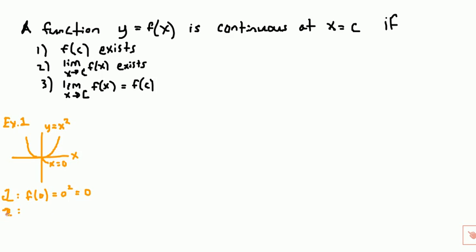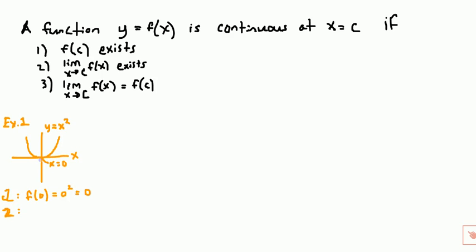The second check, the limit as x approaches 0 of x squared exists. Let's take a look at the right hand and left hand limits. As x comes in towards 0 from the right, the function approaches 0, and same from the left.